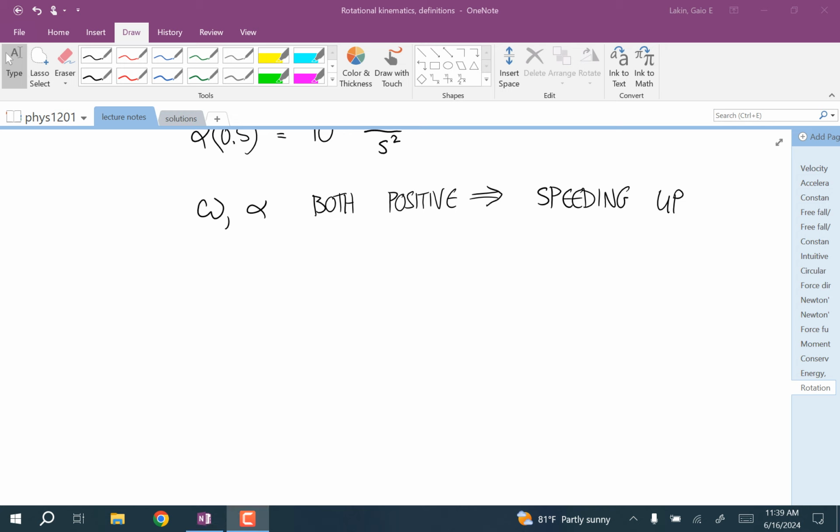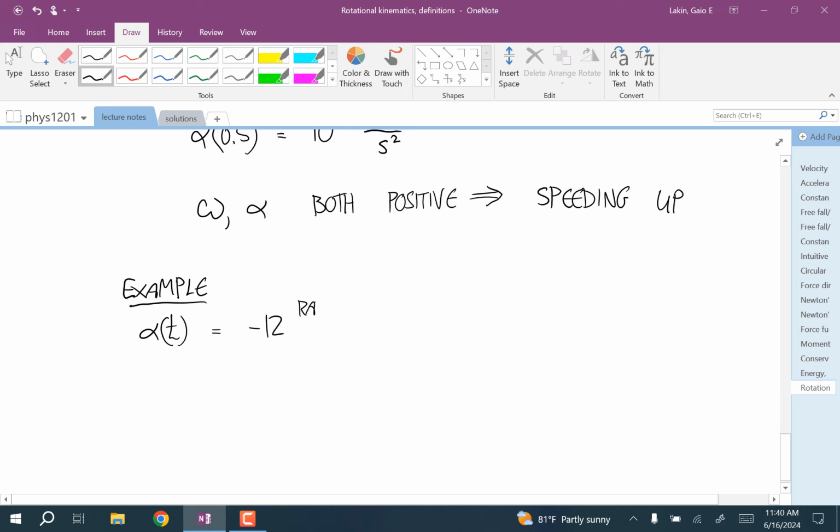Okay, one more example with these. This time I'm going to start by giving you an angular acceleration function. So let's say that the angular acceleration at all times is equal to negative 12 radians per second squared.